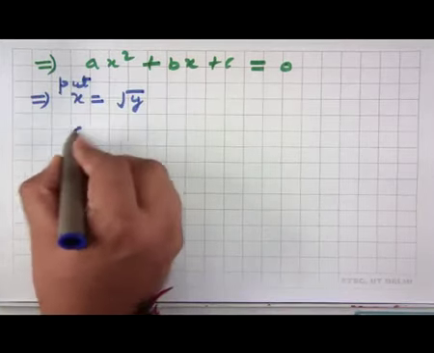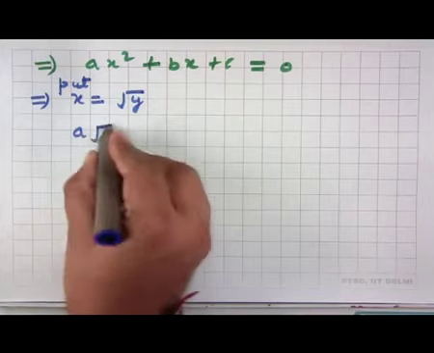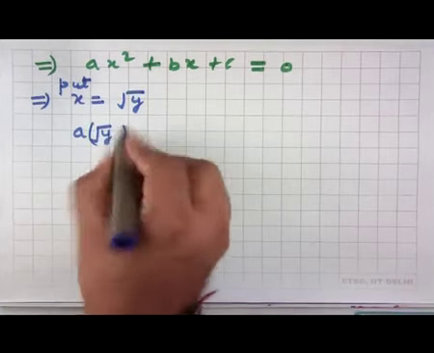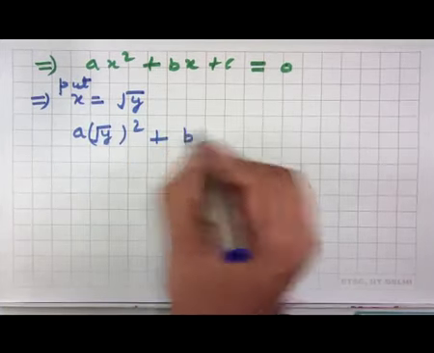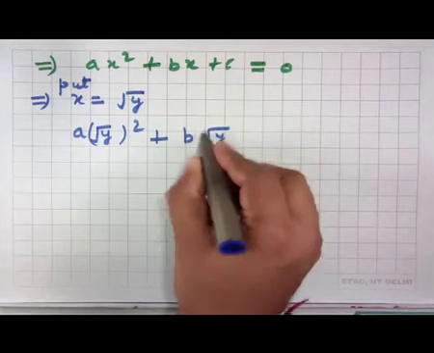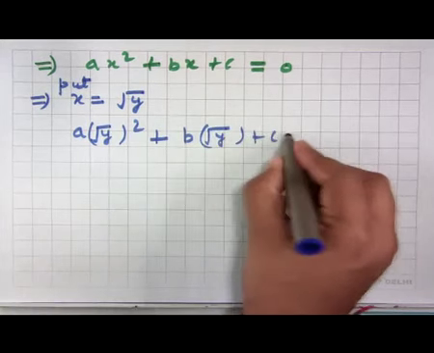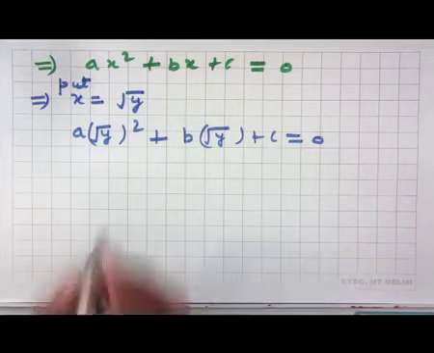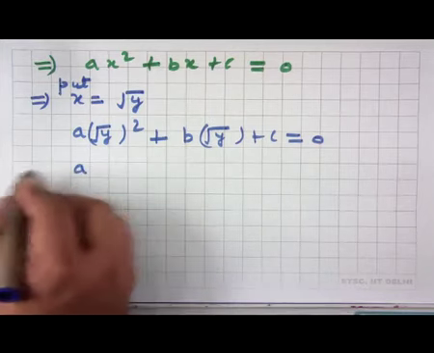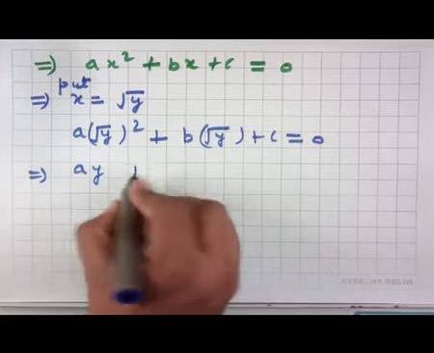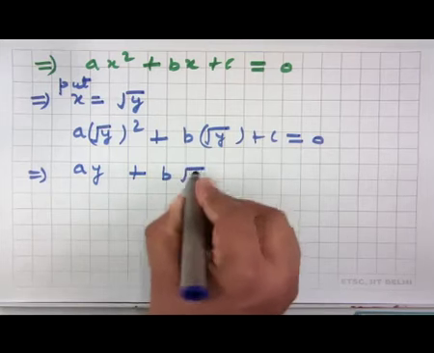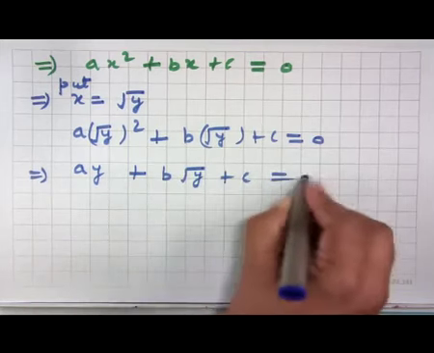Now the equation will be a under root y to the whole square plus b under root y plus c equal 0. It will be ay plus b root y plus c equal 0.